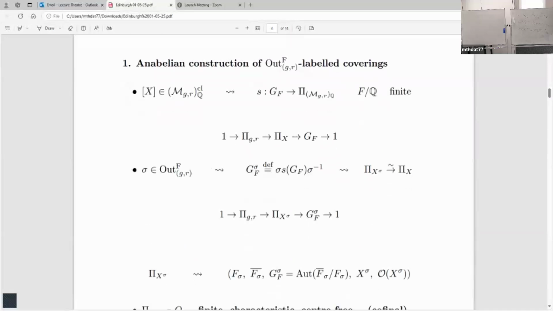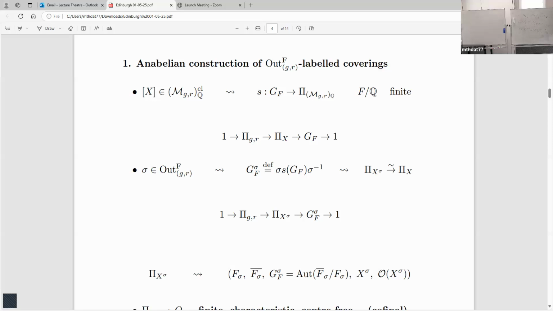We want to construct covers of curves which will play the role of fibers of the family that we are looking for, and these fibers will be labeled by Out F. So an anabelian construction of Out F^Γ-labeled coverings and curves and so on.